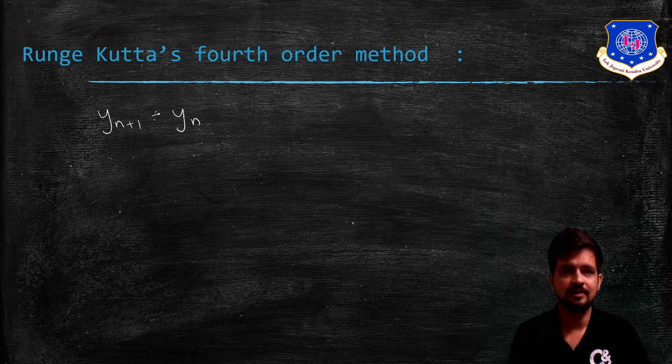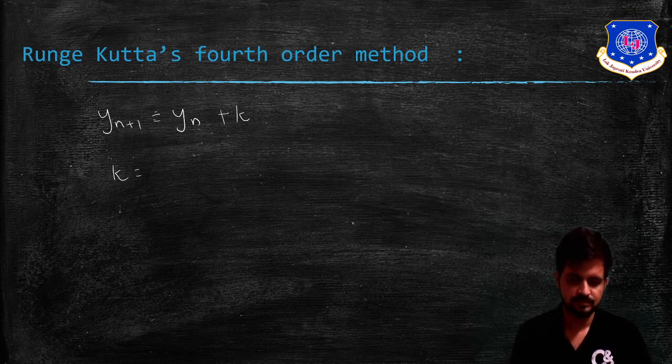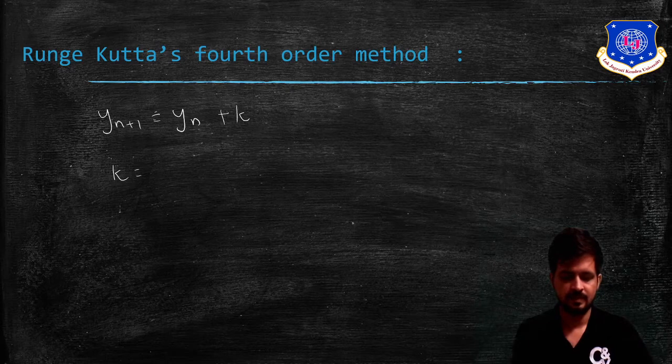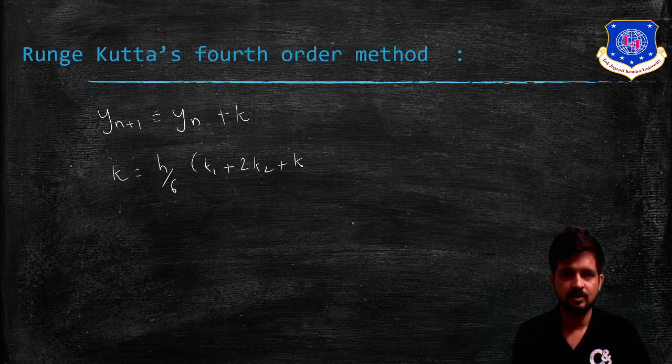y(n+1) can be written as yn plus k, where k is equal to h by 6 times k1 plus 2k2 plus 2k3 plus k4.